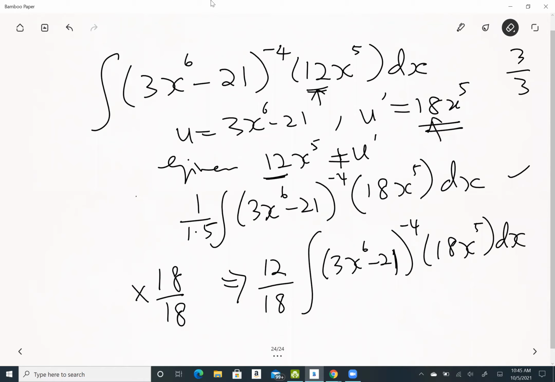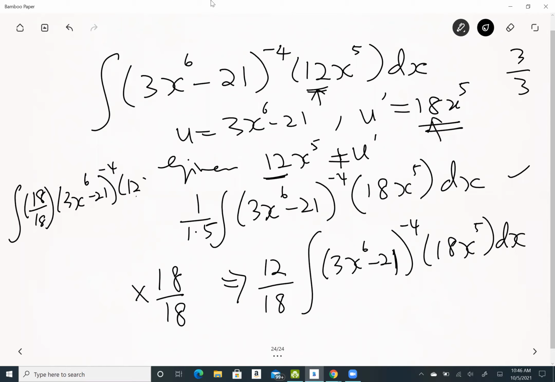Any question about this? So what you do here, I think I can put another intermediate step. You multiply by 18/18, so that becomes, I write another step, 18/18 multiplied by (3x^6 - 21)^(-4), 12x^5 dx.